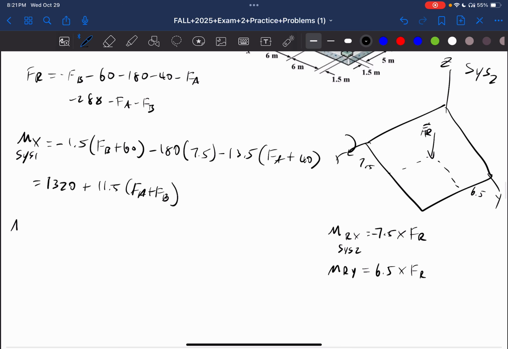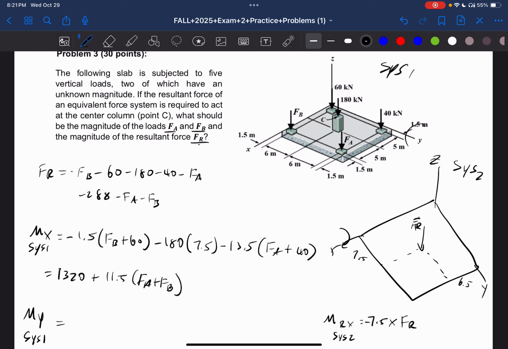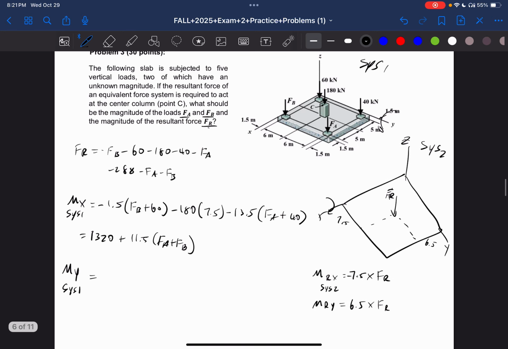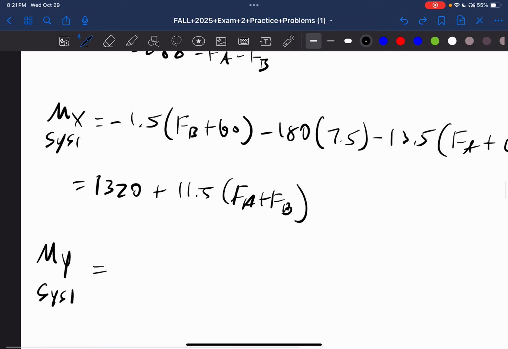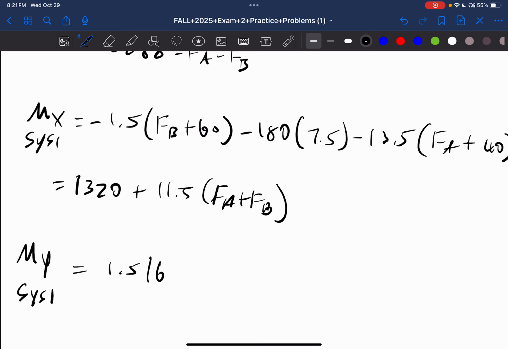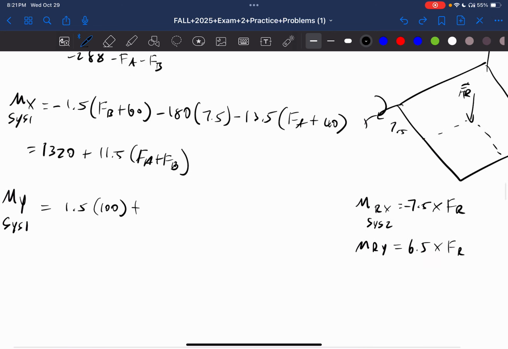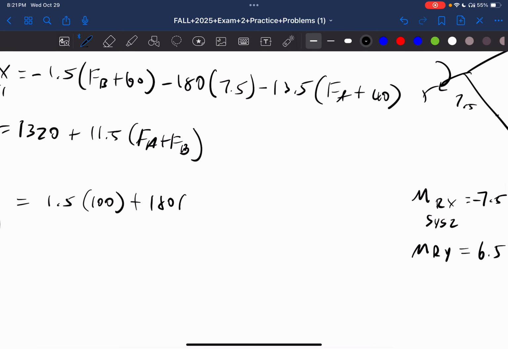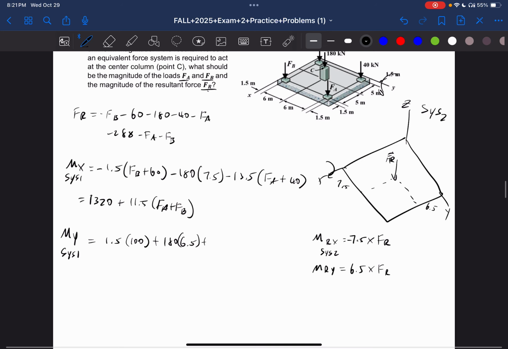Now let's do the moment around Y of system 1. We're going this way, so it's all going to be positive, which is nice. So 1.5 times 60 plus 40, which is 100, plus 180 times the moment arm, which is 6.5, plus FB plus FA.